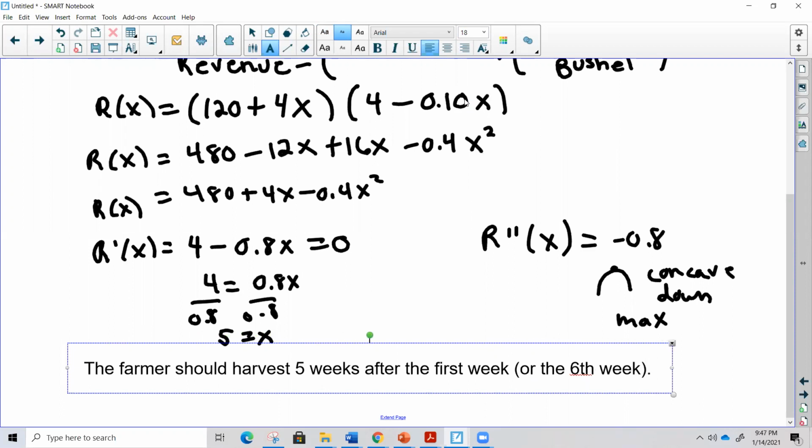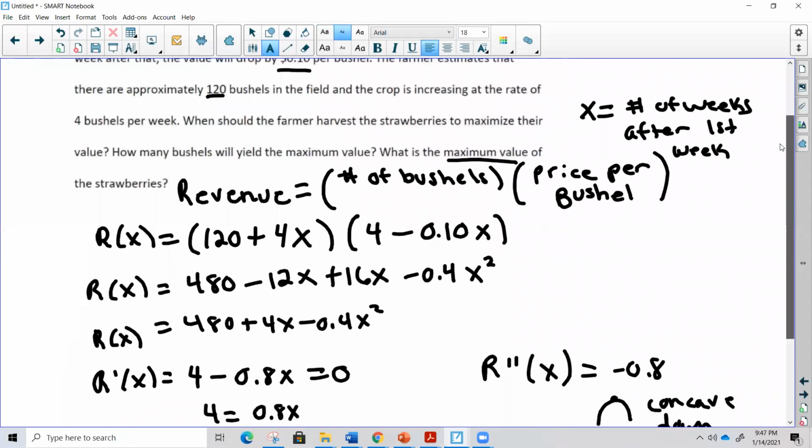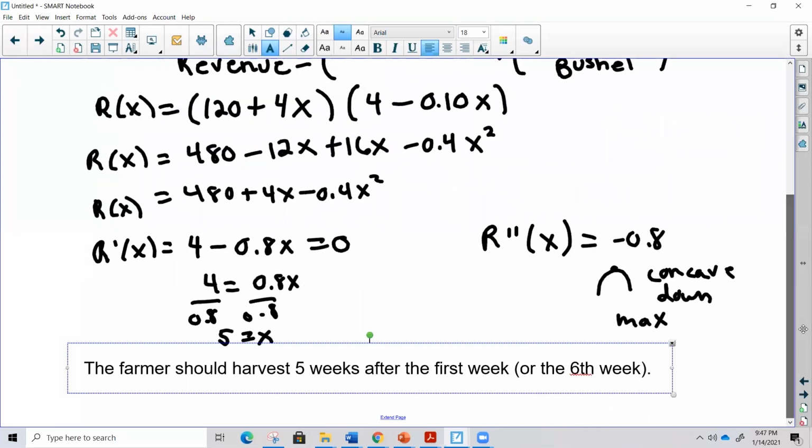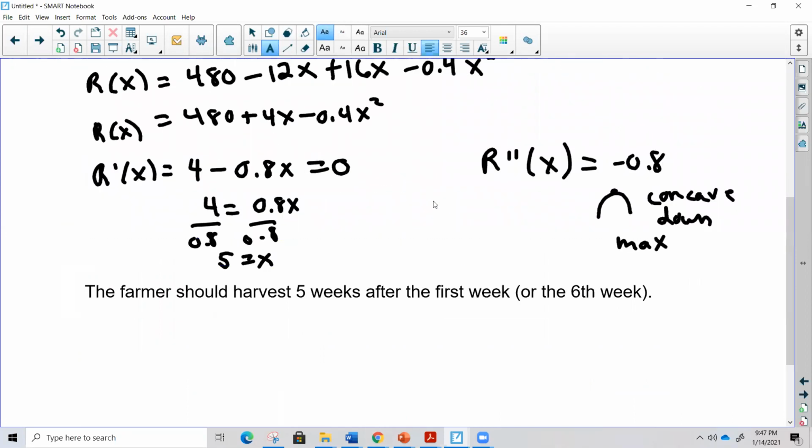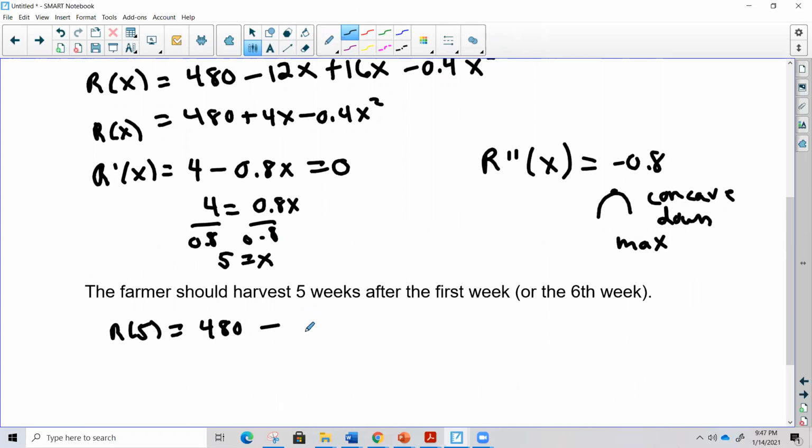And then we need to answer the other question. How many bushels will yield the max, and what is the maximum value of the strawberries? Okay, so our revenue is the maximum value of our strawberries. It's how much we're selling our total for. So to do that, we would find R of 5. So I'm going to plug in 5 into my simplified function because it'll be a little bit easier.